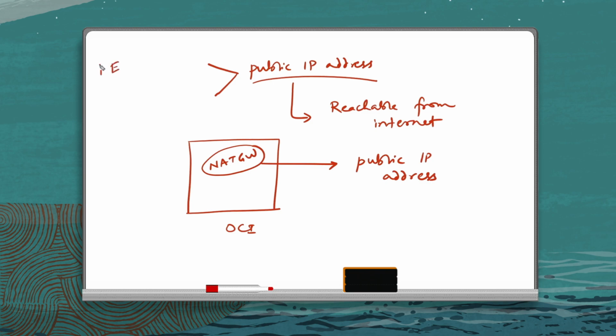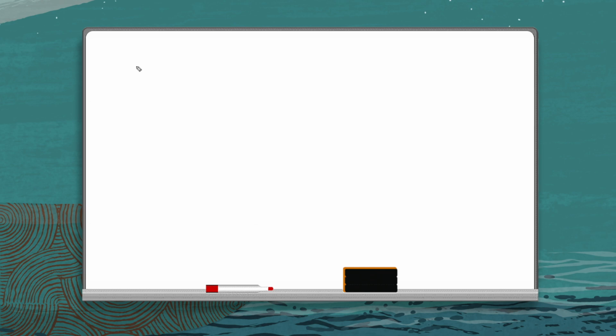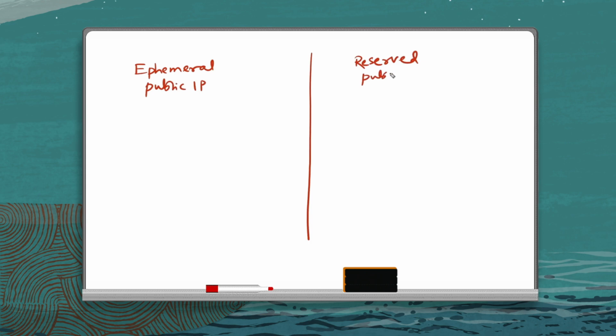Now, there are two types of public IP addresses in OCI. The first type is ephemeral. The second type is reserved. Let's do a bit of discussion on these two types of public IP addresses. So on one side, I will write ephemeral public IP, reserved public IP.